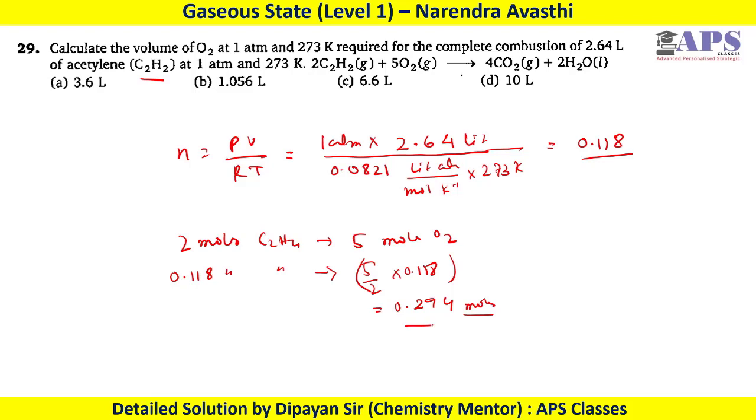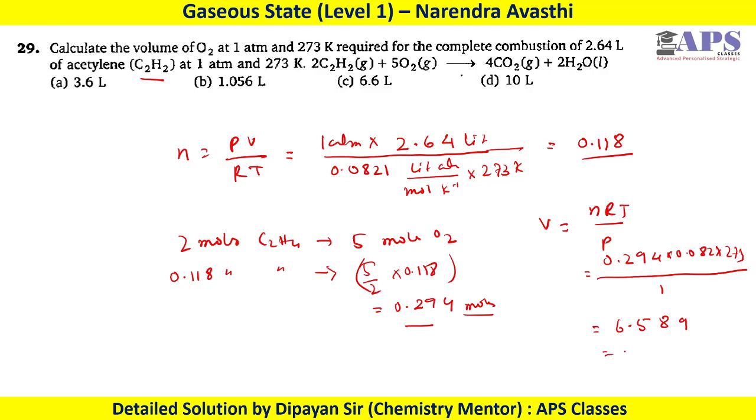Now we can calculate the volume, V equal to nRT by P, that is 0.294 multiplied by 0.0821 multiplied by 273 and divided by 1, and it will become about 6.6 liter. So 6.6 will be the correct option, option C.